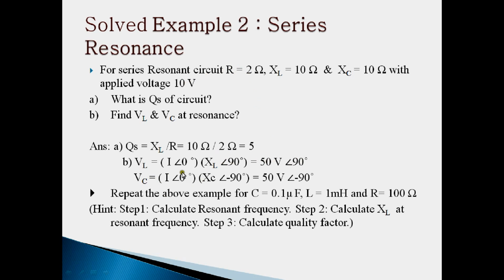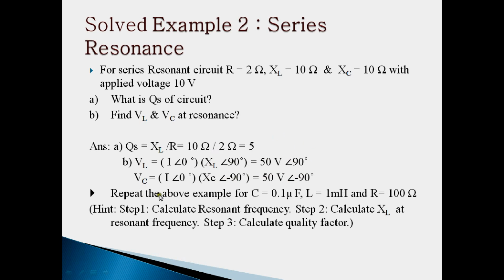Now for VC, the formula is current into reactance of capacitor, and the phase shift is minus 90 degree. So 50 volt angle minus 90 degree. That means the voltage value is the same, but there is a phase shift of minus 90 degree.